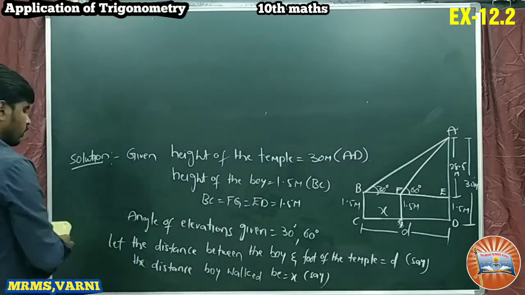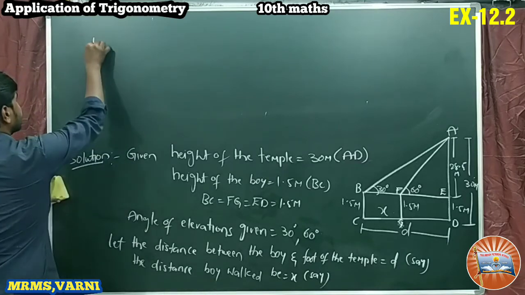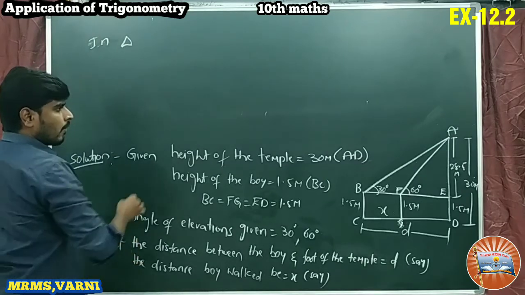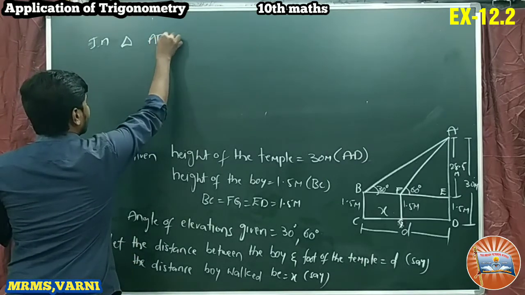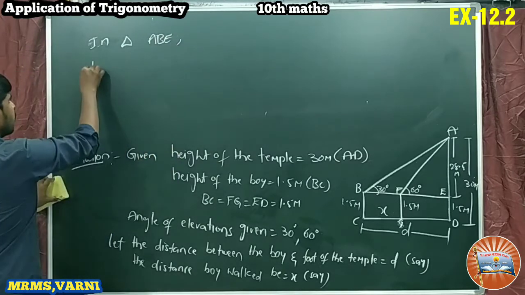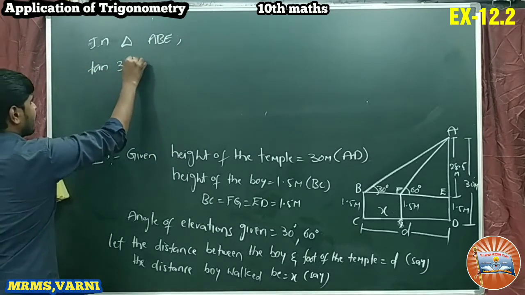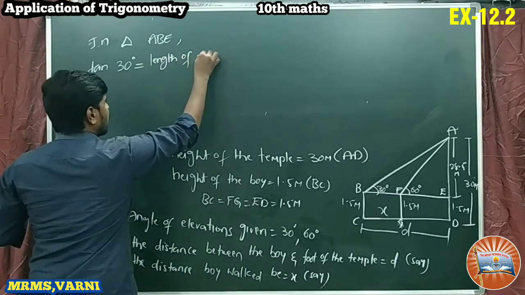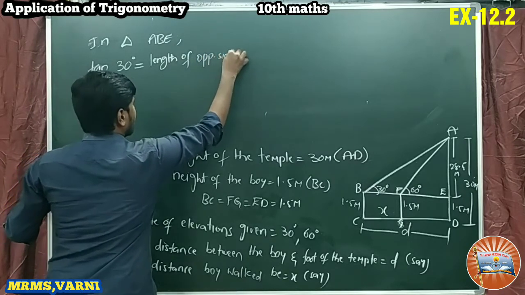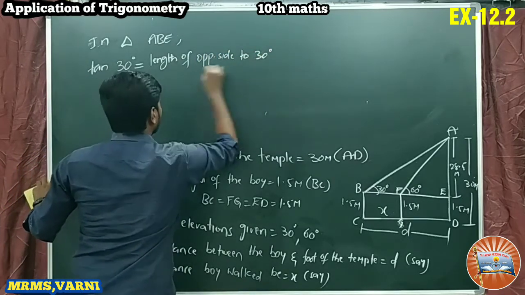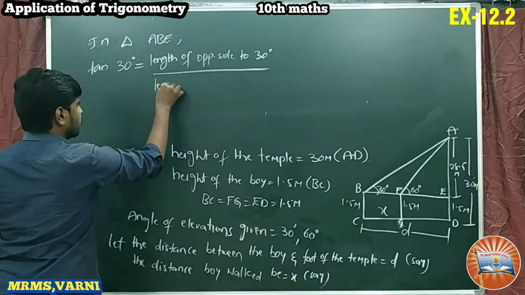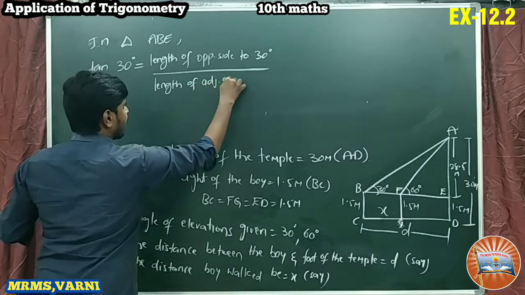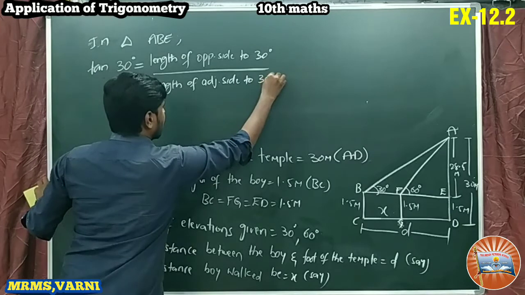So in triangle ABE, tan 30 degrees equals the length of the opposite side to 30 degrees by the length of the adjacent side to 30 degrees.